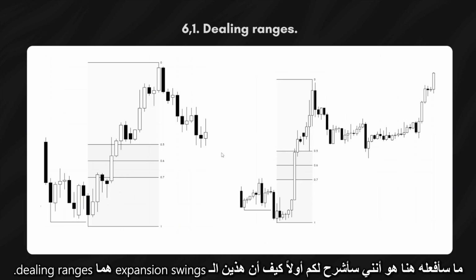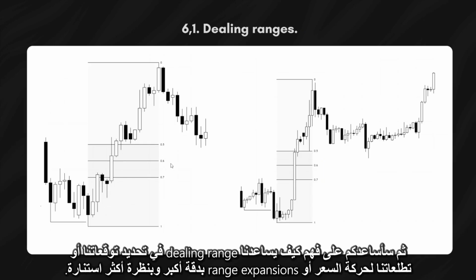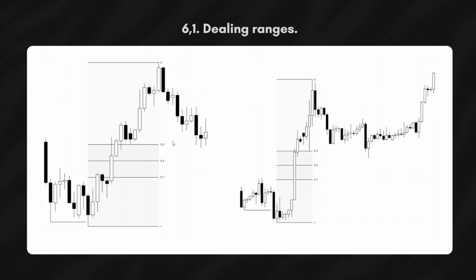What I'm going to do here is, first of all, I'll explain to you how these 2 expansion swings are dealing ranges, and then I'll tell you how to identify a dealing range, how to recognize a dealing range, or how to differentiate between a simple expansion swing and a dealing range. And then I'll help you understand how a dealing range helps us set our expectations or anticipations for price action or range expansions more accurately and with a much more informed view.